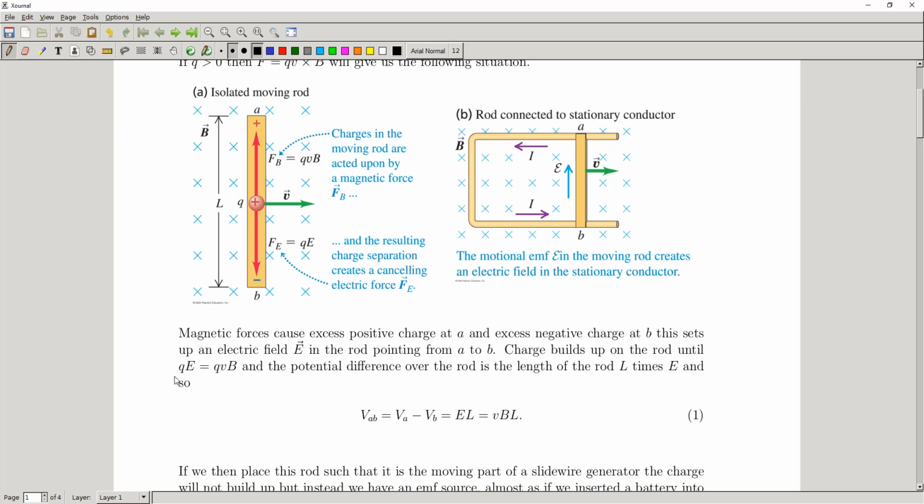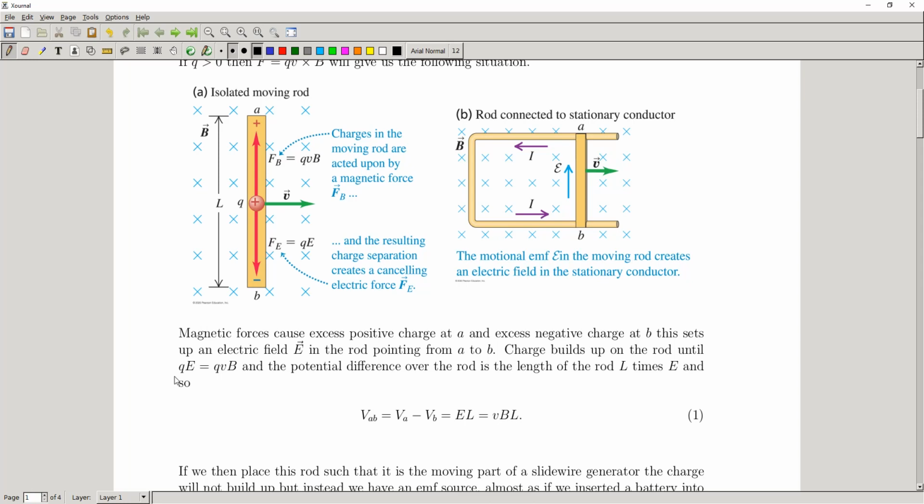We have a bunch of positive charge on top, a bunch of negative charge on the bottom. They're experiencing electric forces which are drawing them together, and magnetic forces which are pushing them apart. Everything is in balance.